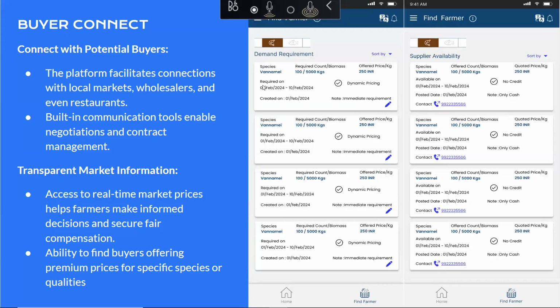So now at buyer connect, he can post his harvest in a date range, like between 1st February to 10th February he's going to do his harvest. He has stocked a Vannamei crop. He's expecting a price around 50 rupees per kg, his expected count is 100, and his expected biomass is 5,000 kgs.